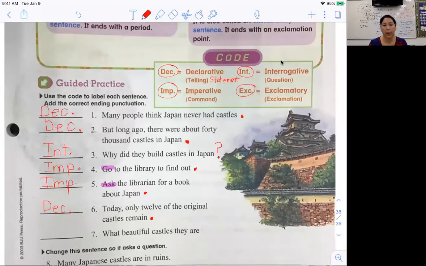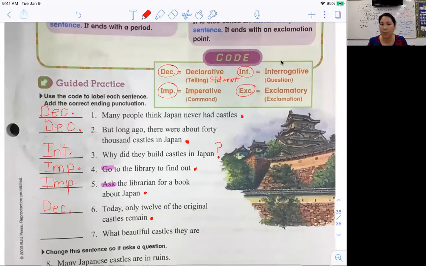What beautiful castles they are. Do you remember this one? Yes, see if you can see my blue up here on the screen. If a sentence starts with how or what, and it's not asking a question, it's gonna be exclamatory. What beautiful castles they are. They're not saying, what are the castles? What makes the castles beautiful?